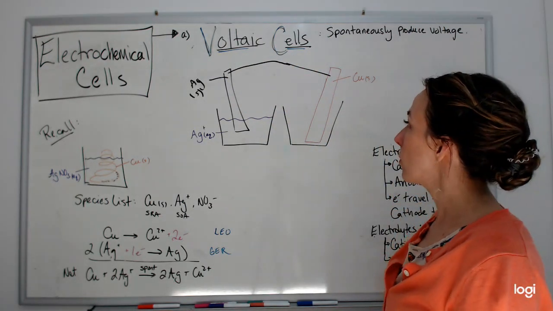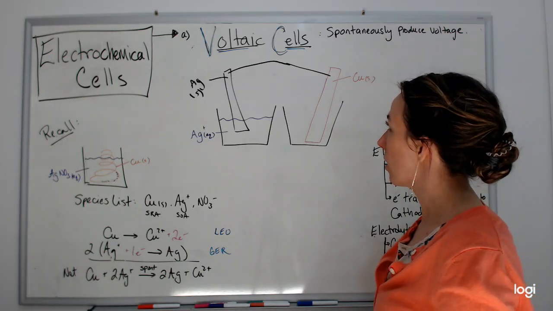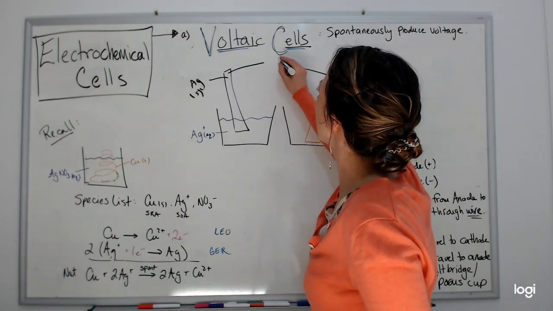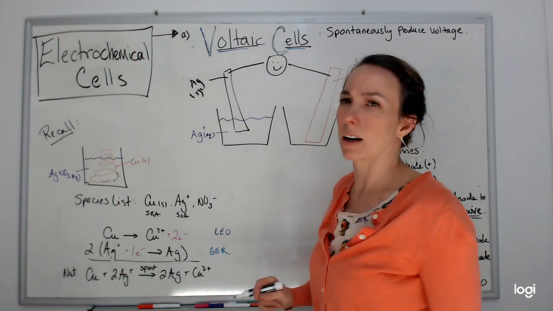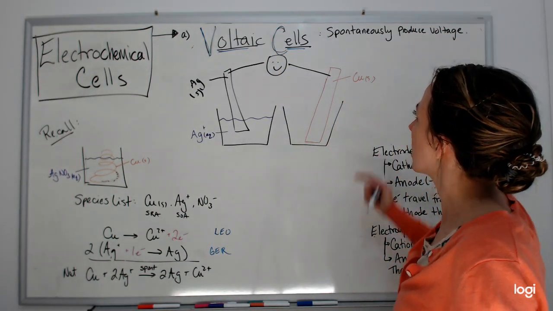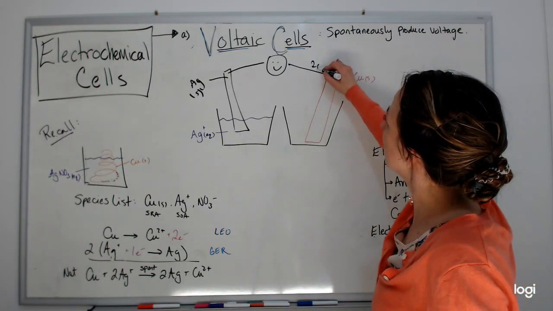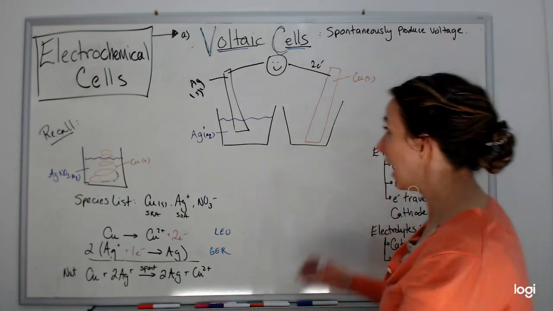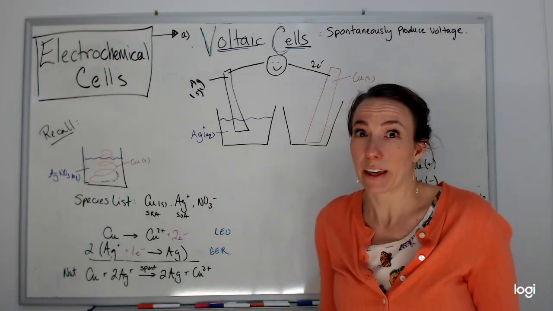Okay? Now remember, Alexander Volta also wanted to be a part of this transfer of electrons. And he wants the copper to give its 2 electrons over to silver, and aha, nothing happened, nothing.